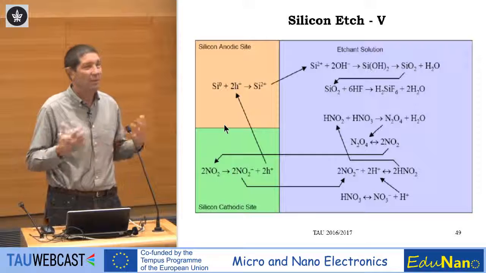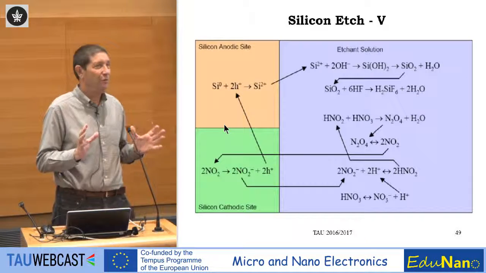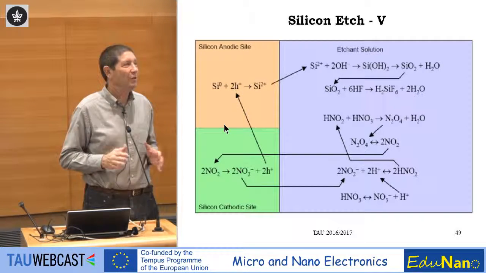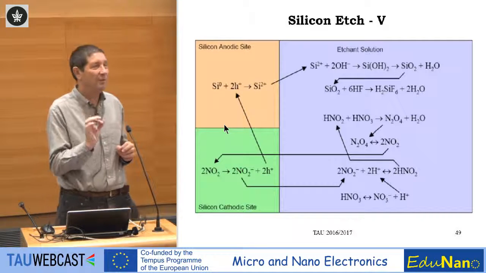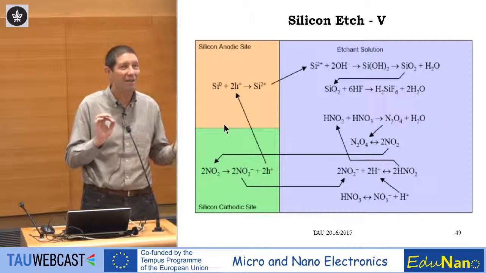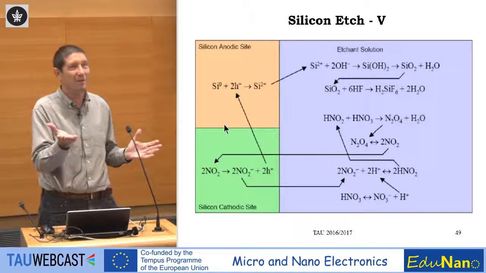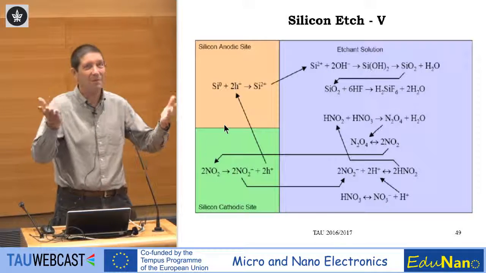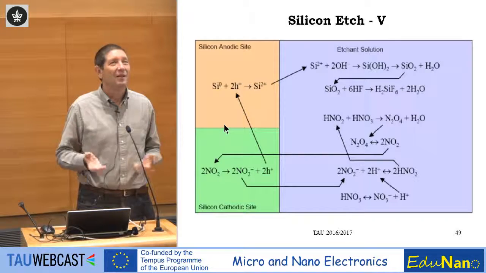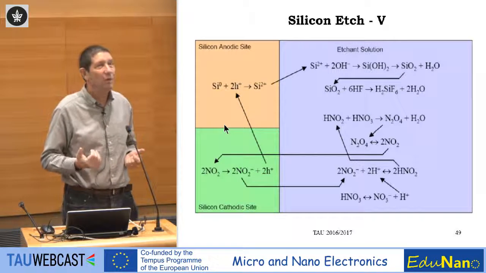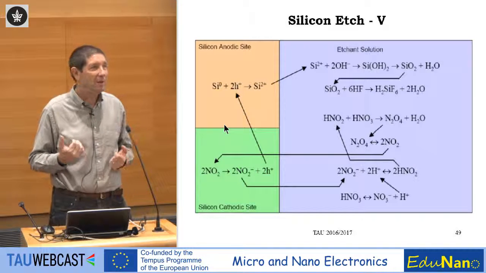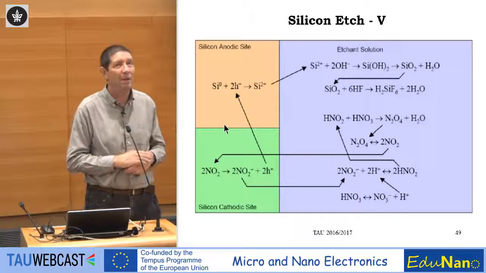So why am I saying this? Be careful. When you do etching of silicon and other semiconductors, you have to remember that sometimes etching in the dark and etching in light can be different and may explain some variations in your experiments. Sometimes you can accelerate etching by illumination. And this is, by the way, called photochemical etching.